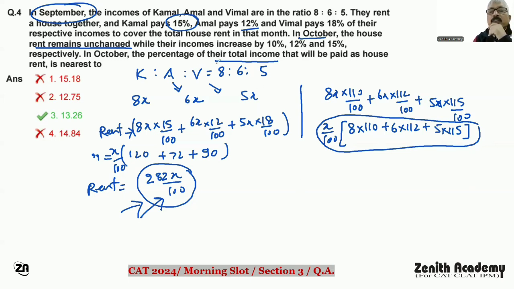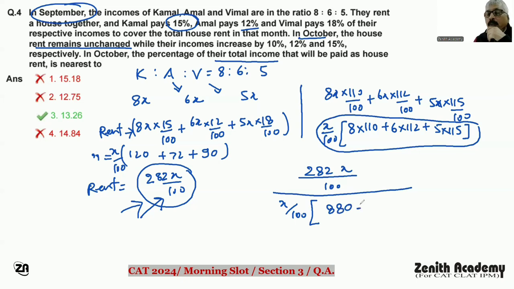So the question was the percentage of their total income that will be paid as house rent, that means 282x by 100 out of this x by 100, 880, this is 672, and this is 575.